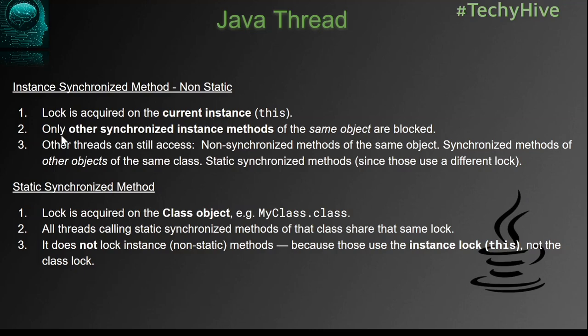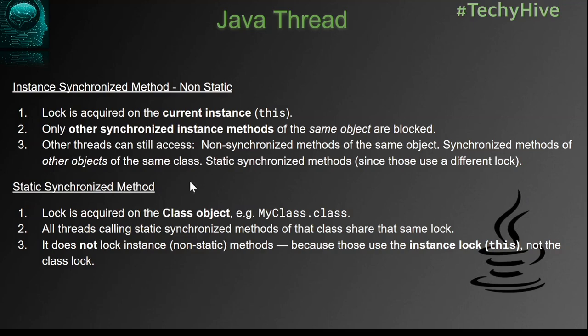Only other synchronized instance methods of the same object are locked, as I mentioned earlier. If we have locked one non-static method of a class, then all other synchronized non-static methods will also be locked.